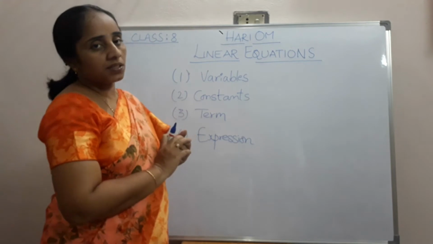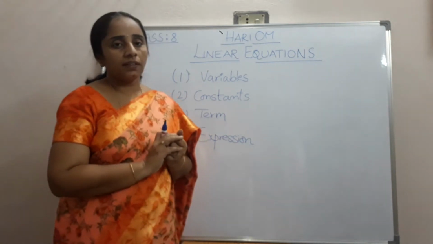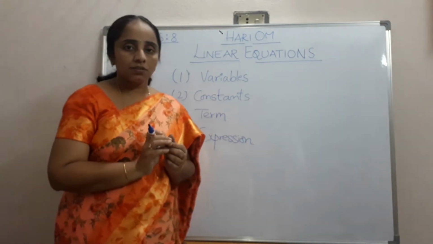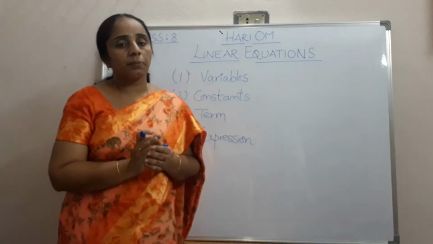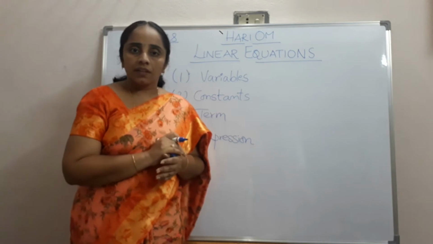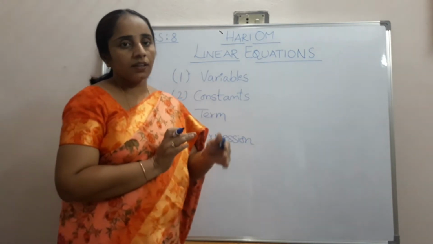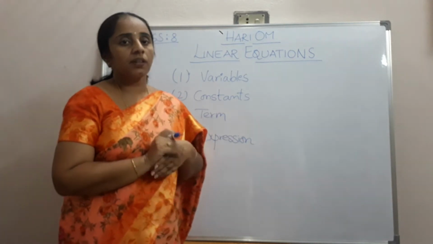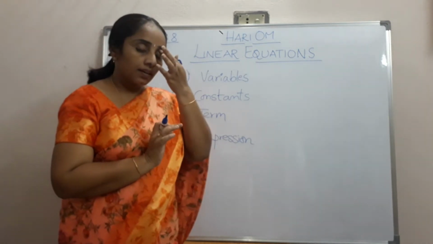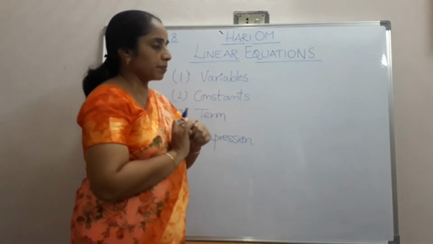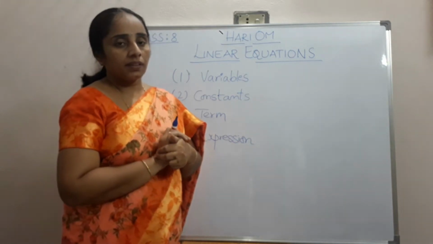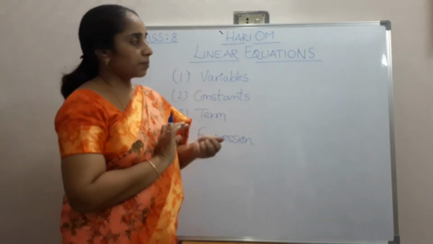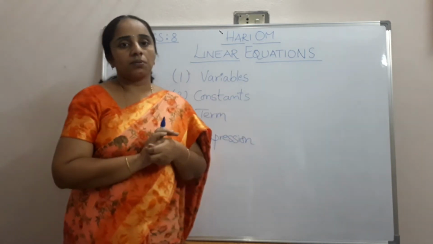In number system we use only numbers, that is numerals, that is natural numbers, whole numbers, integers, rational numbers. These all are numbers. We discussed about that. In algebra, along with numerals, we use some literals also.